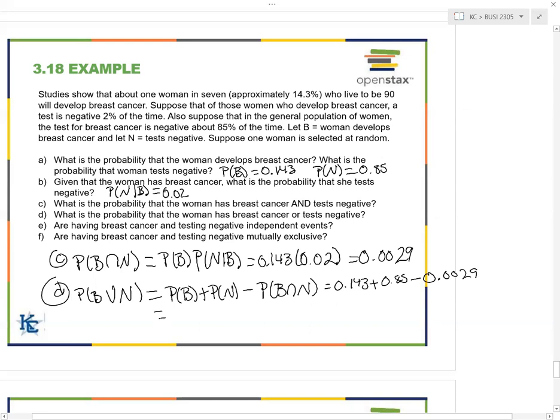So the probability of B union N is 0.9901. Let me write that a little nicer.